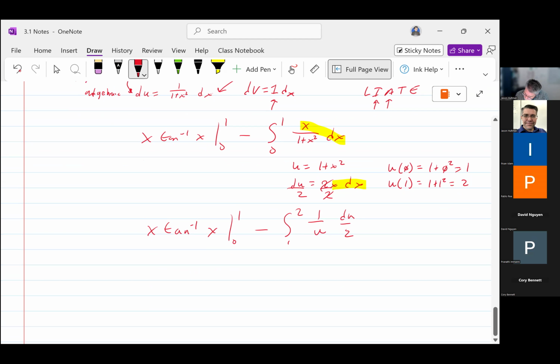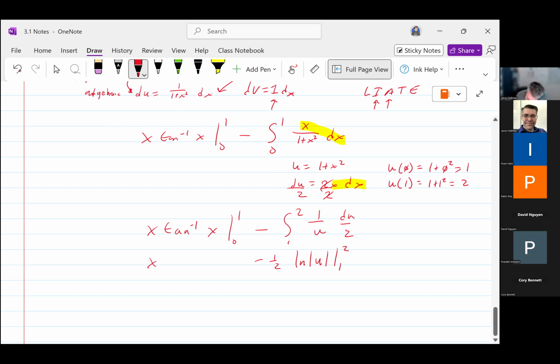I could pull out that 1/2. So this is minus 1/2 times the integral of 1 over u. What is the integral of 1 over u? ln u. Yeah, natural log, ln u, thank you. Ln u from 1 to 2.